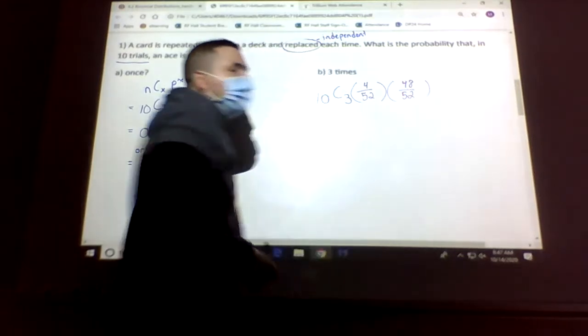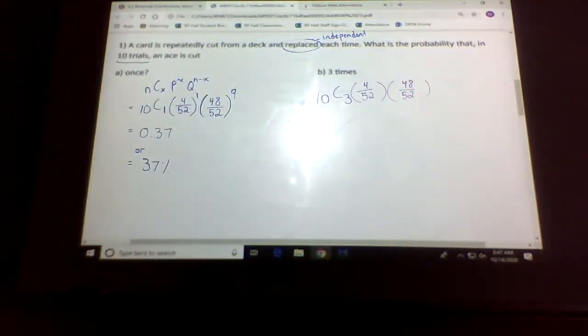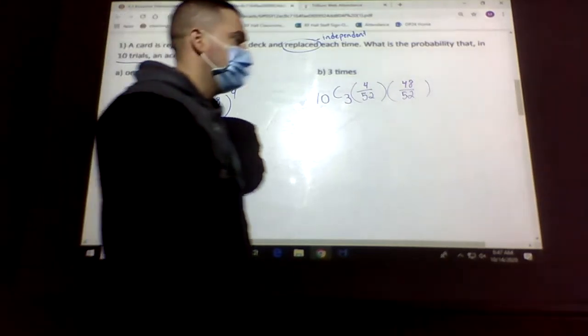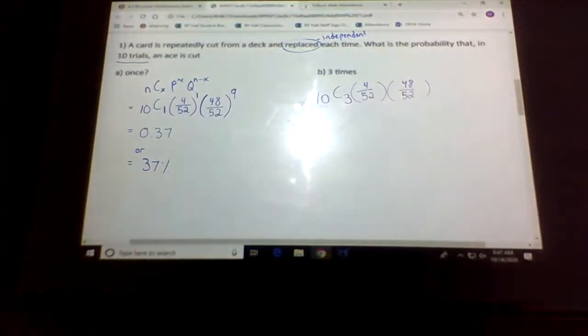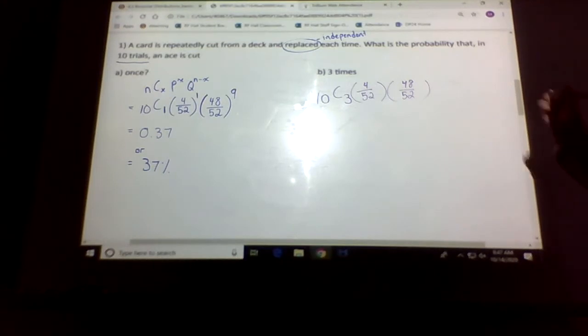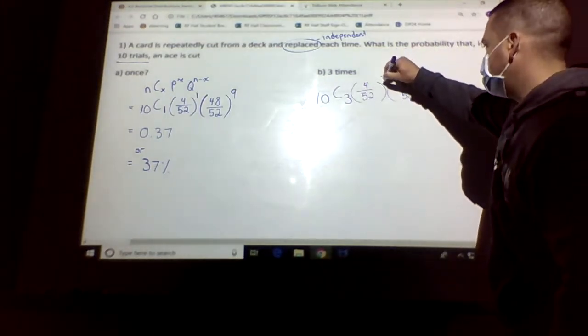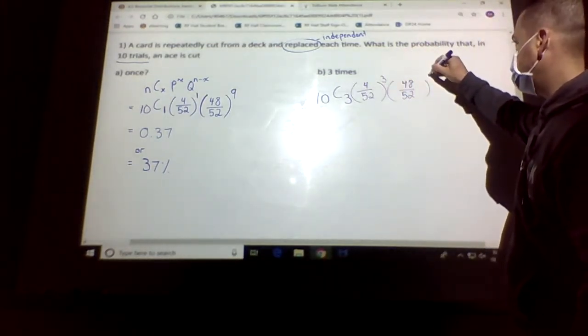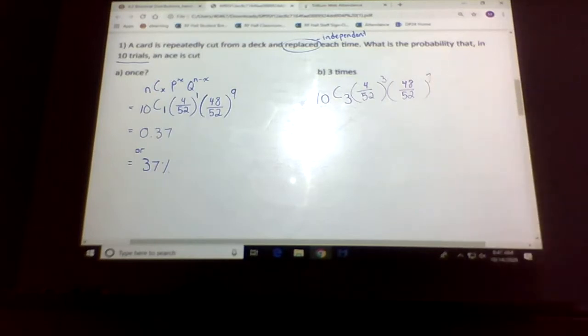Or you could do the reduced form, 1 over 13, and the other one would be 12 over 13. What are my exponents going to be on each one? What's the first one? 3, good. So my first one is 3, and my next one is 10 minus 3, which is 7. Good.